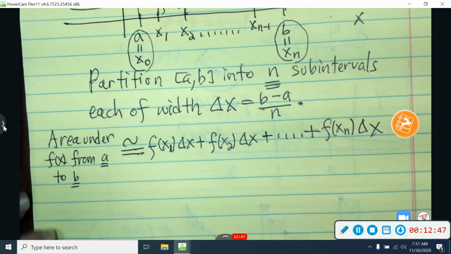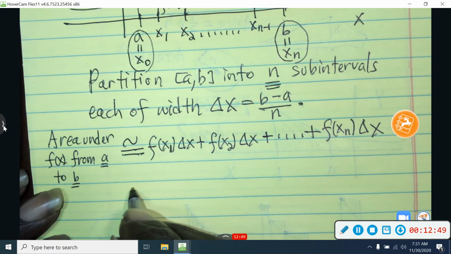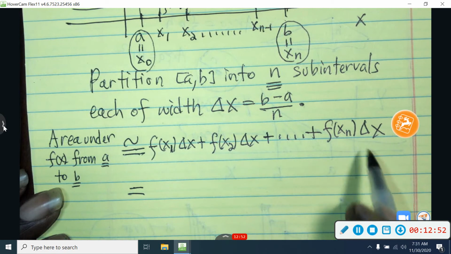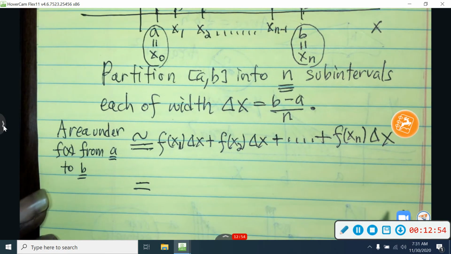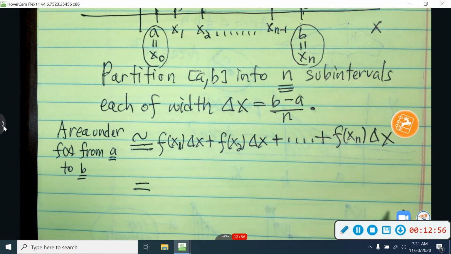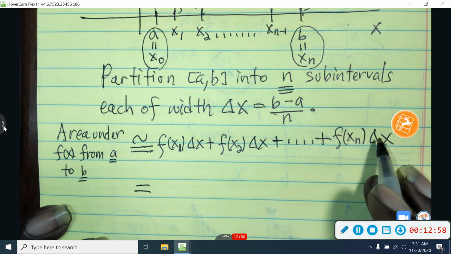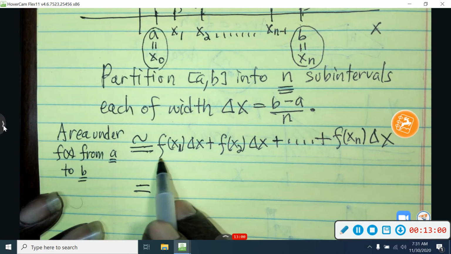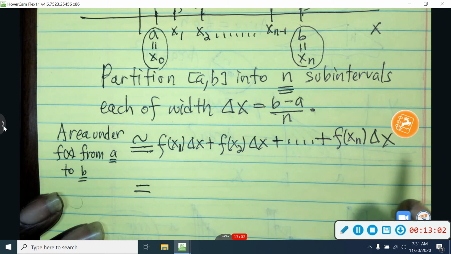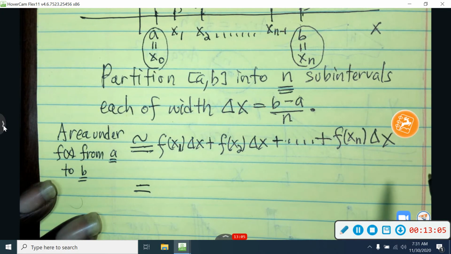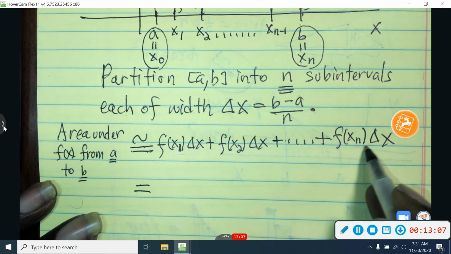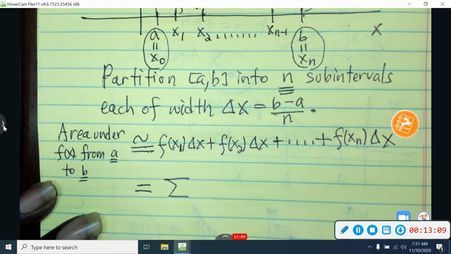Now another way to write that, because it's messy writing all these plus signs and dot, dot, dot, is people compactify this. It's just a notation, and it's called summation notation. Since you're adding, they use a sigma symbol for sum.